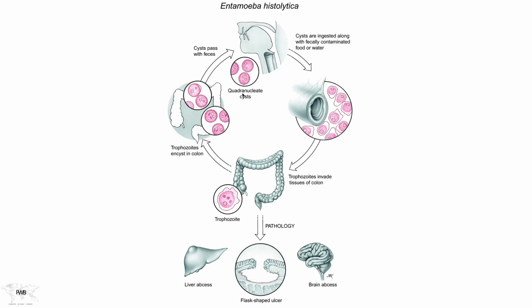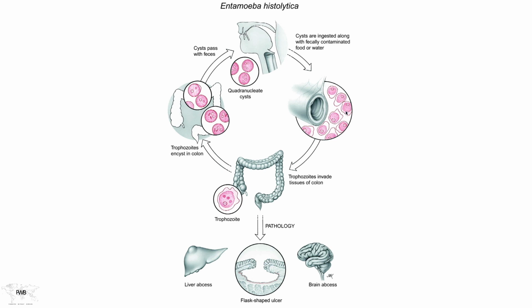So one patient passing cysts allows water and food to become contaminated with feces, which is not uncommon in many places throughout the world. The cysts are ingested, and then for each cyst containing 4 nuclei, the 4 nuclei replicate once inside the cyst, and then out of the cyst bursts these 8 small trophozoites.